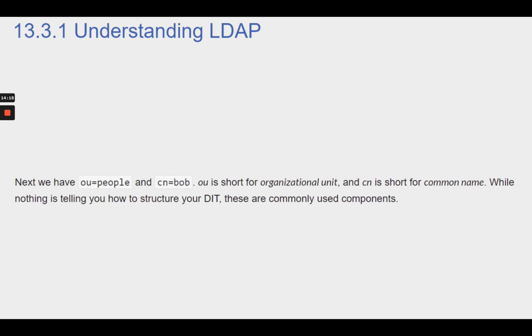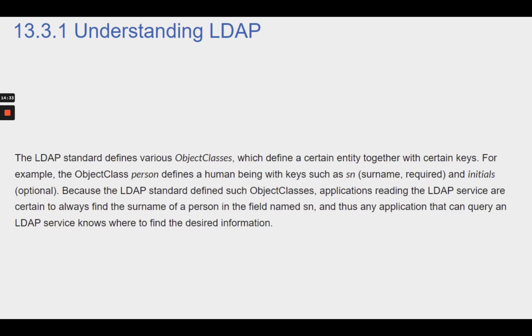Next, we have OU=people and CN=Bob. OU is short for organizational unit, and CN is short for common name. While nothing is telling you how to structure your DIT, these are commonly used components. The LDAP standard defines various object classes, which define a certain entity together with certain keys.